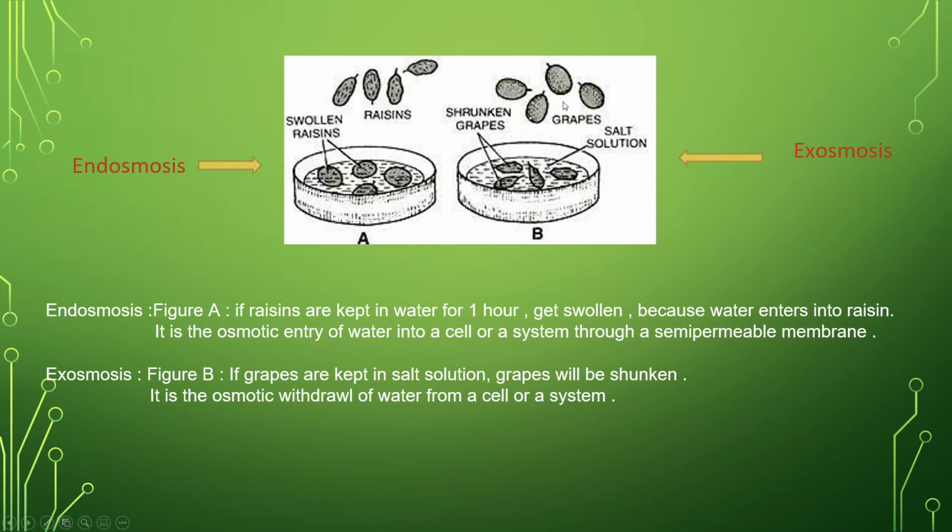That means the outside solute concentration is more and the inside solute concentration is lower, so the solvent from inside comes to the outside, and the grapes will be shrunken. That means the grapes will be small in size, because the solvent comes out. So this process is called exosmosis.